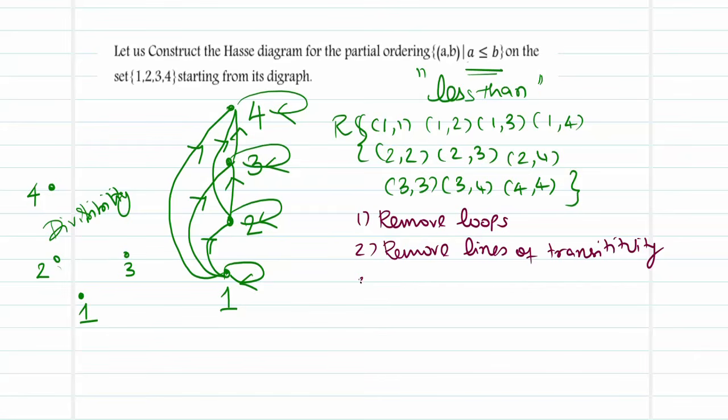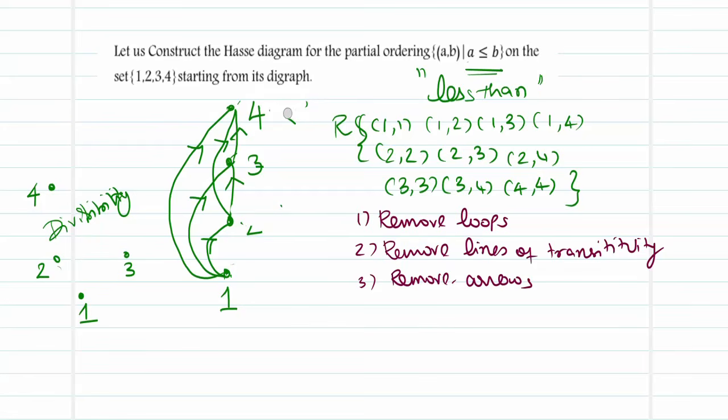And third, remove the arrows so that the flow is from bottom to top. So first, we remove the loops. From here, I am removing my loops: 1 to 1, 2 to 2 and the one from 3 to 3. So this is gone. Now step 1, remove loops, is over.